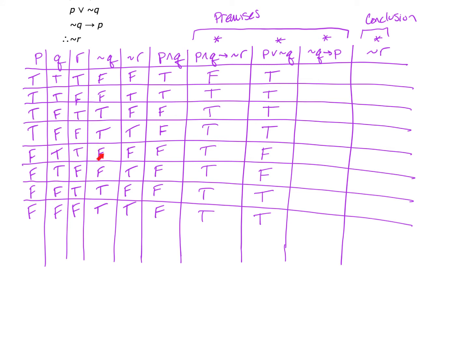True, true, true, false, and true, false. So I have two of them down the bottom here, where the if part is true, but the then part is false. So these two we get falses. Everything else is true. All right, and then finally, I'm just going to copy the not R column again. It was false, true, false, true.